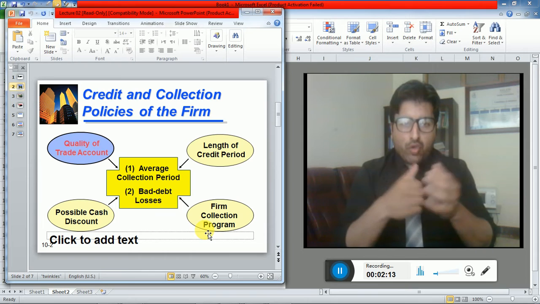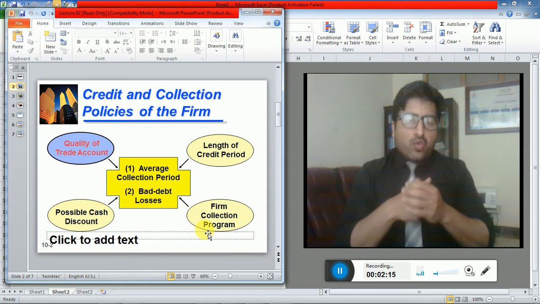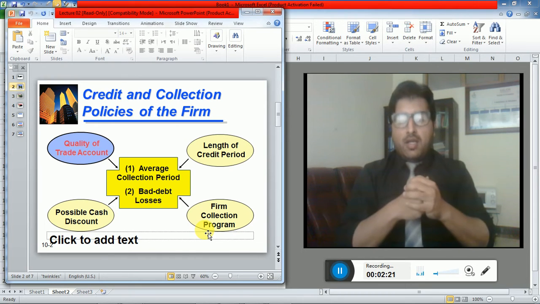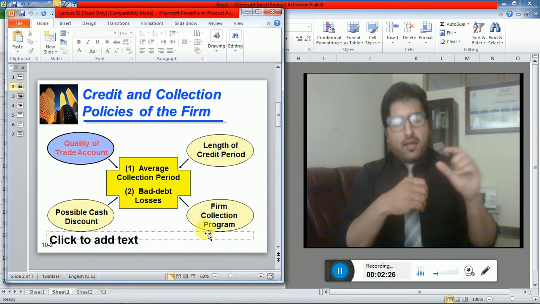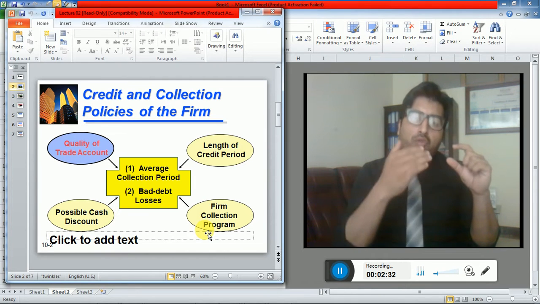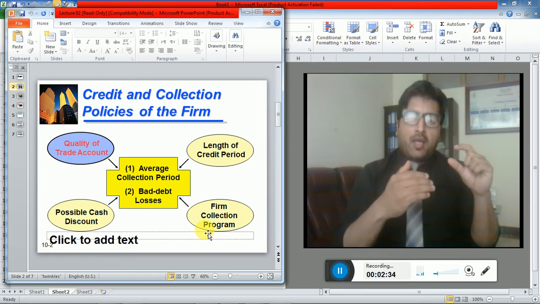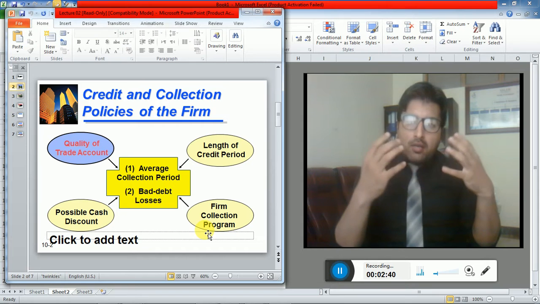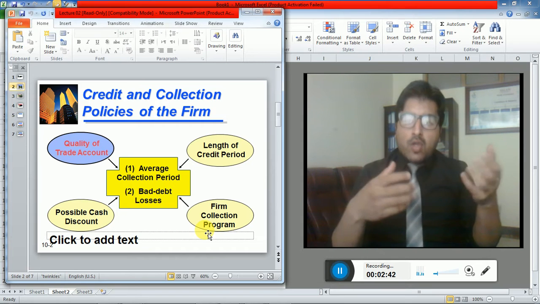Today I'm showing you with an example what happens if a company lowers its credit standard. As I told you in the last class, the reason for lowering the credit standard is to increase sales, but with such an increase there is a probability of some losses and costs.